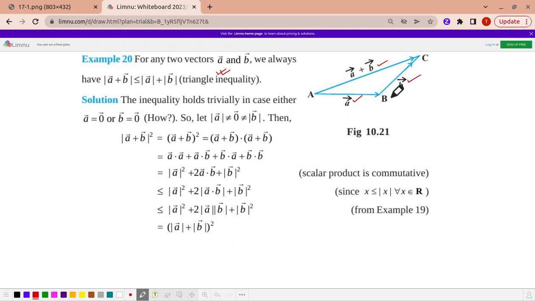That we always know, right? In a triangle, any side is always less than or equal to the sum of the other two sides. That is from our common sense.